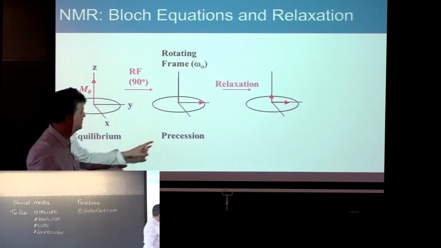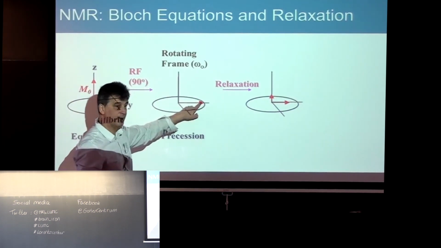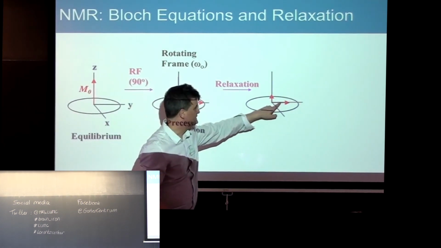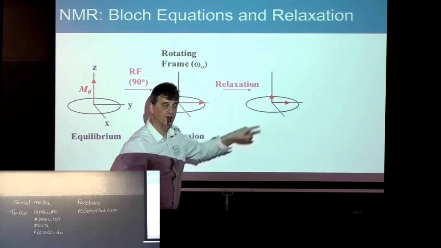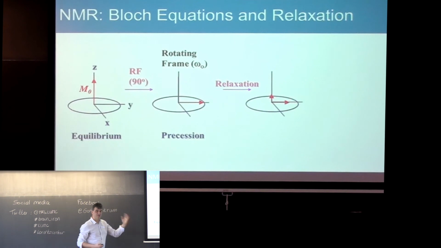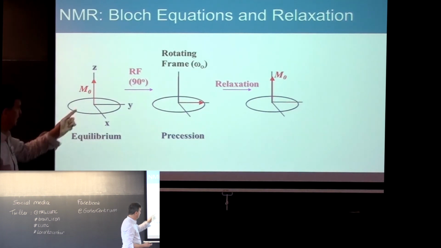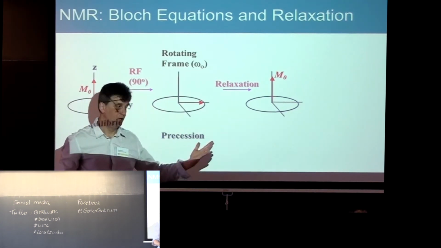This component of the magnetisation decreases and this one starts to recover. So we go from a situation where we have only the magnetisation that's precessing around, now stationary because we're in the rotating frame, to something where the longitudinal magnetisation gradually grows and the transverse magnetisation gradually decreases. And we end up eventually back at equilibrium where we started.